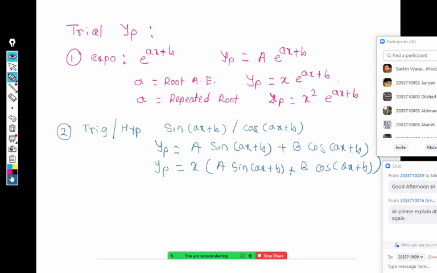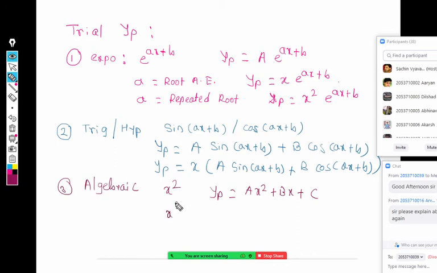And the last case, case 3: suppose it is algebraic. Algebraic is simple by undetermined coefficients. Suppose the function is x square. Then yp will be a quadratic, ax square plus bx plus c, which we have to find out.